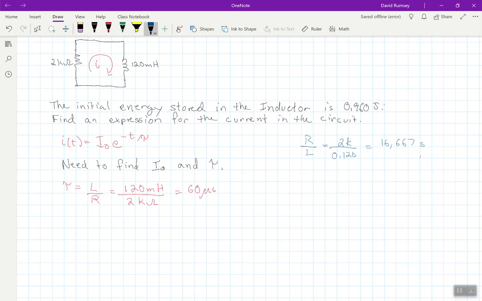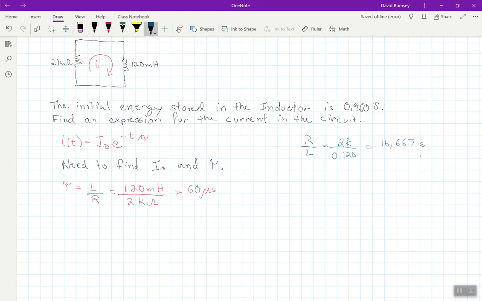As a single time constant, that makes no sense, because it takes about 4 or 5 time constants for something to charge up or discharge. If I'm talking about 4 or 5 time constants, I'm talking about well over an hour for this inductor to charge up or discharge, which doesn't make sense to us.